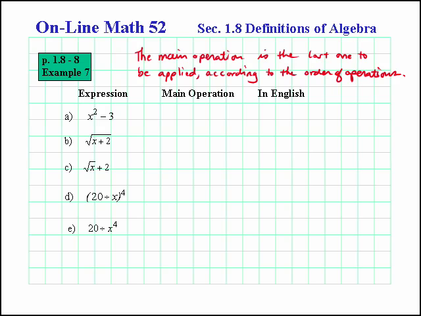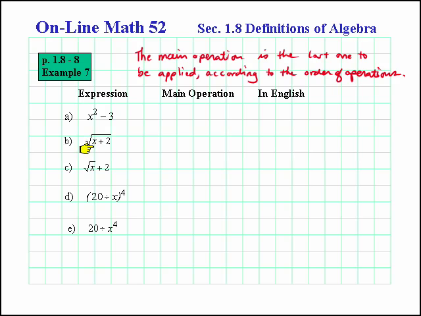So in thinking about it, what would we do first here if we were using the order of operations? We have a square, exponent, and we have subtraction. We do the square first, because that has a higher rank than subtraction. We have a square root here, and we have addition, which will be done first.